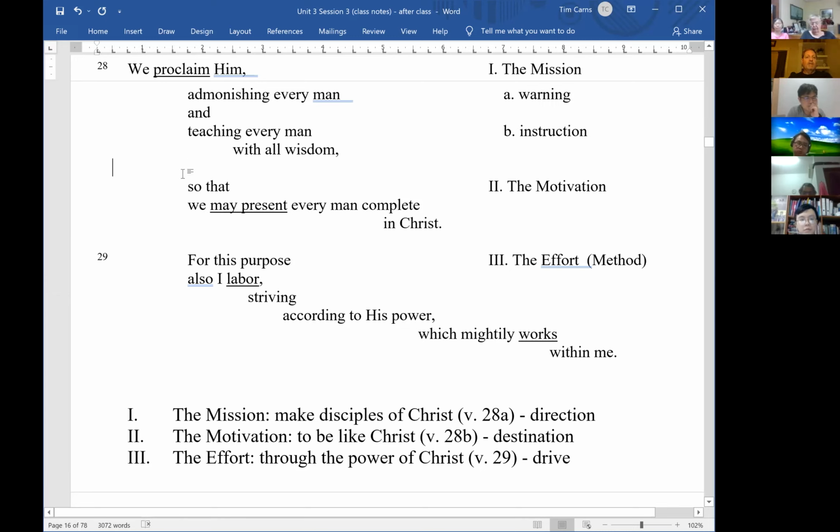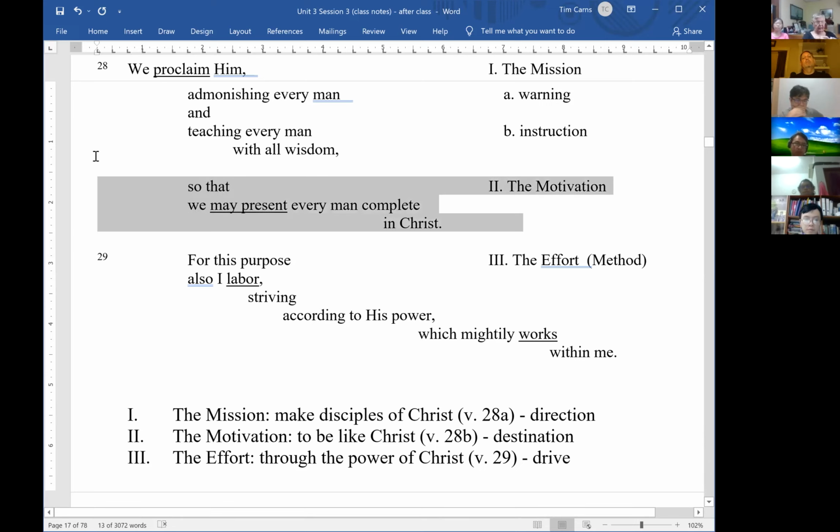And then beyond that, though, Paul tells us why. What is the motivation? And this is good instruction for us. What should be our motivation in teaching others, in preaching the gospel, in evangelism, in instruction? Why are you doing it? Well, I think Paul gives us the example.